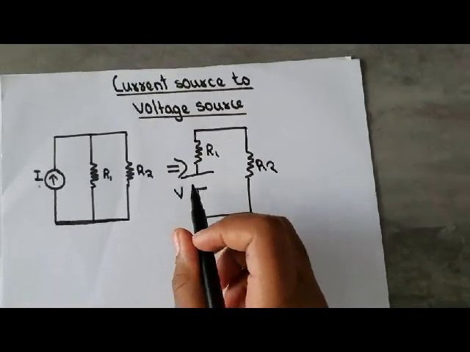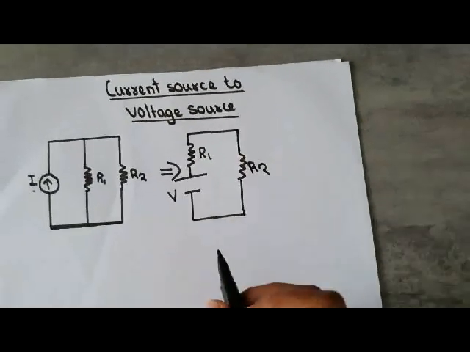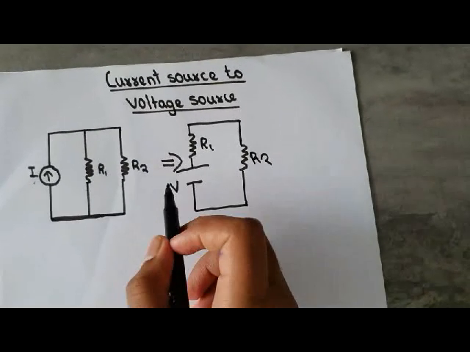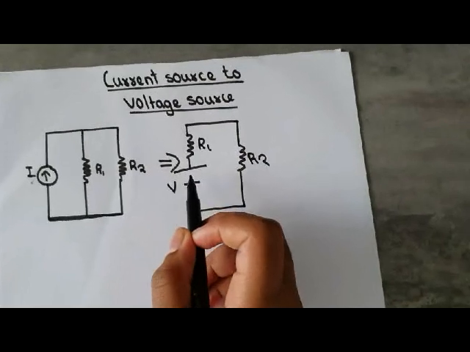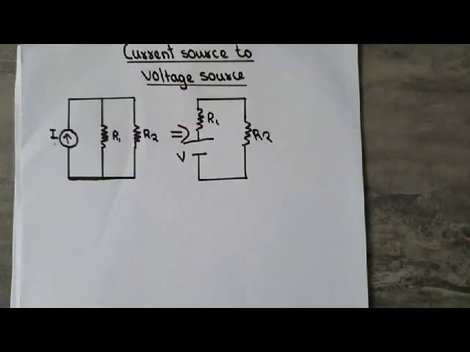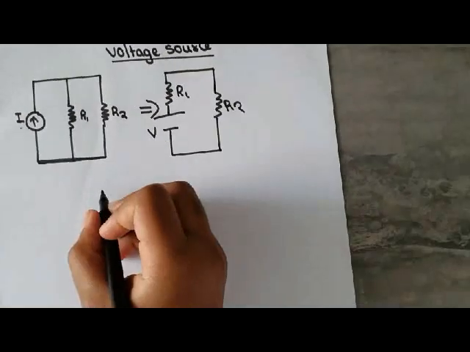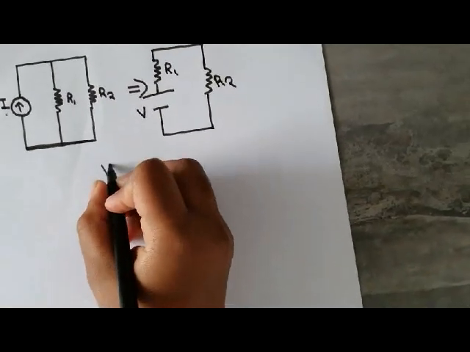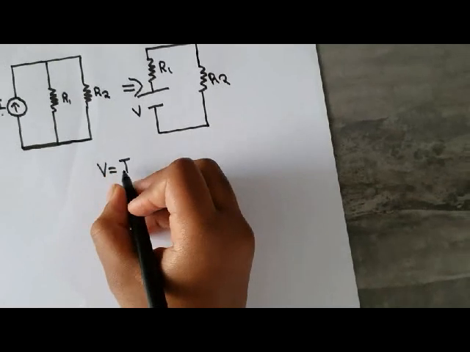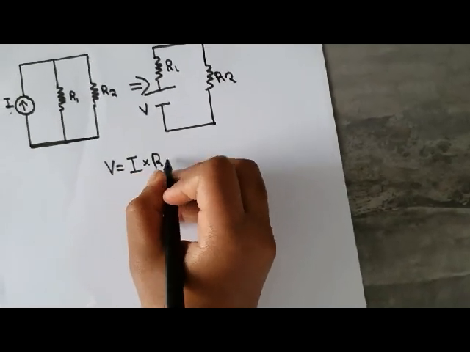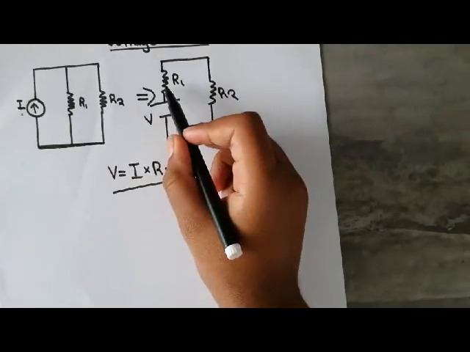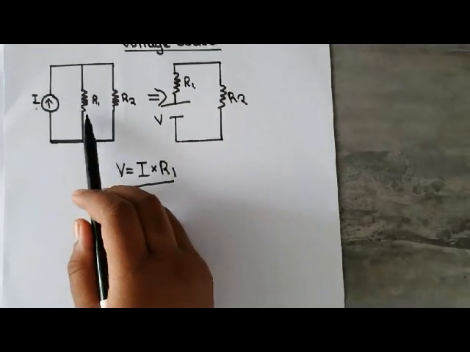And to find the voltage of the voltage source, we already know that V is equal to IR. So that's what we're going to do here. V is equal to I into R1, the value of R1.